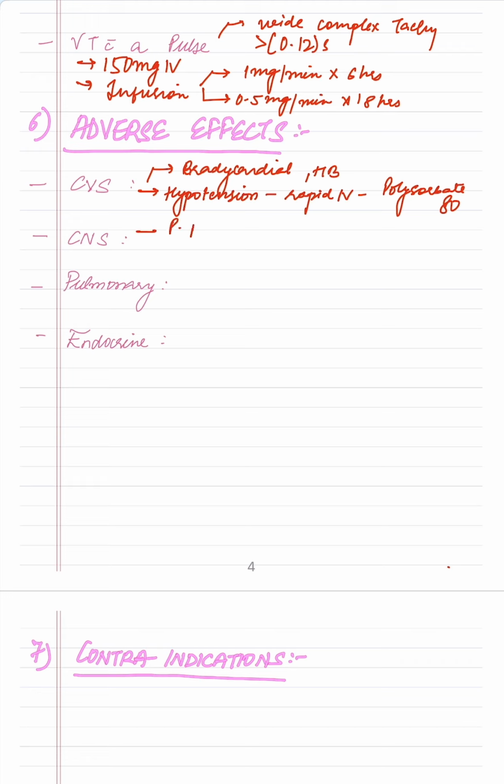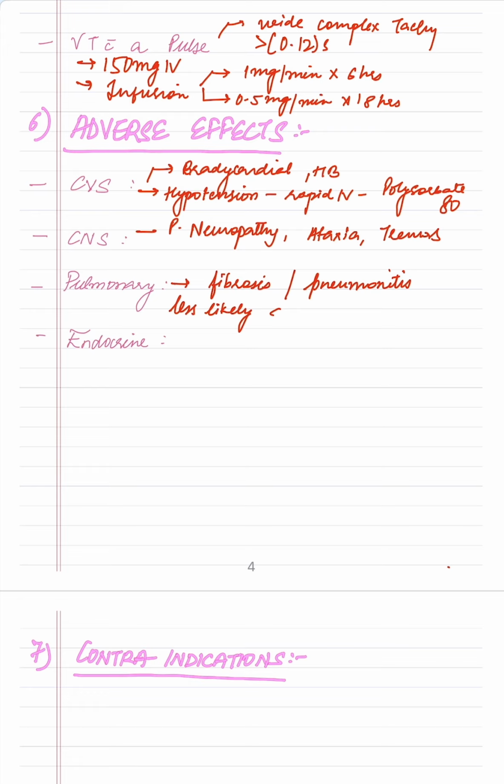In CNS, it may cause peripheral neuropathy, ataxia, and tremors. It may cause pulmonary fibrosis, it may cause pneumonitis, but these effects are less likely if the daily dosing is kept less than 200 mg per day.